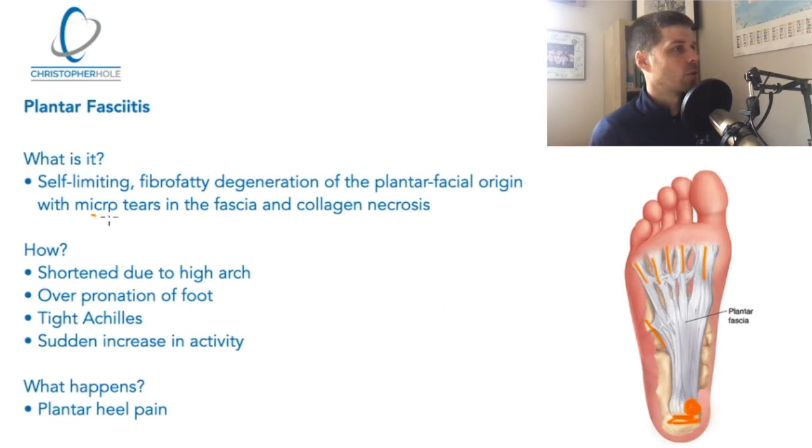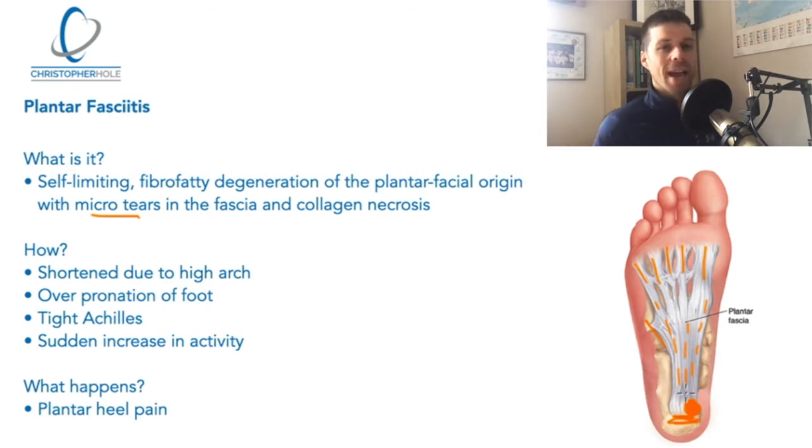But when we're talking about plantar fasciitis, generally the pain is felt up here, and as it says here, you have got micro tears in the fascia, so there may be some degree of pain up here, but mainly for plantar fasciitis it needs to be pain at the origin of the plantar fascia.